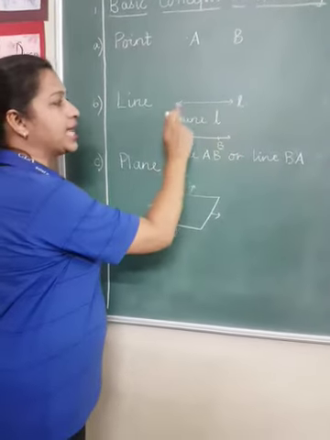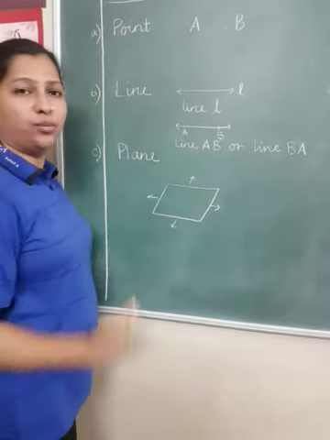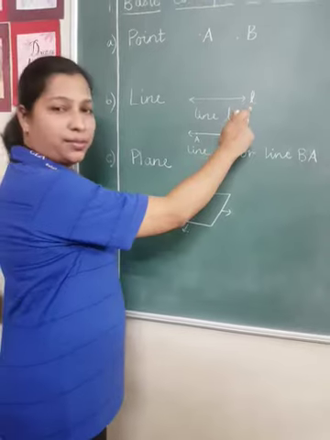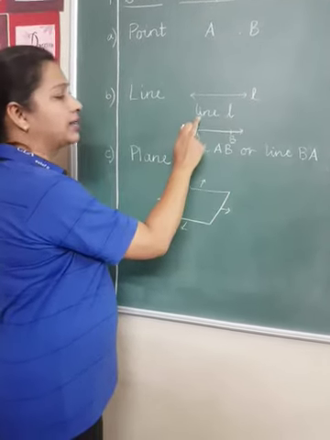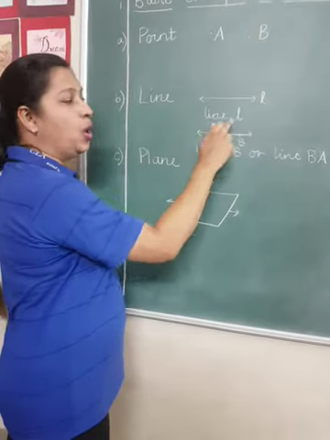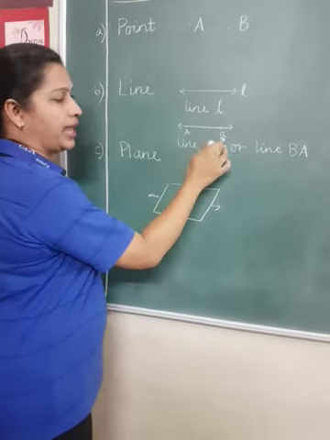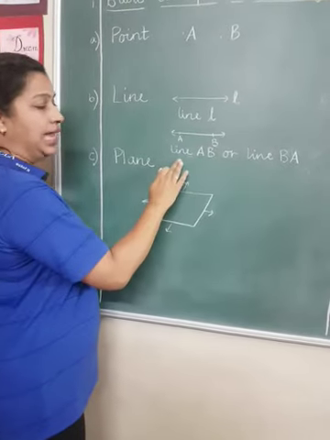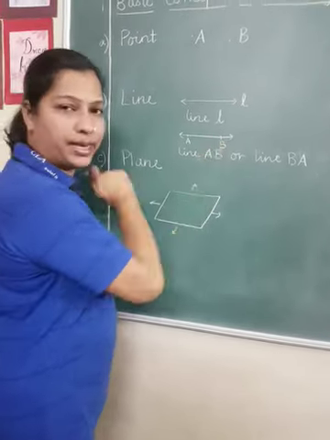You can see these arrowheads which show that it is extending indefinitely on both sides. You can name a line using a small letter and write it this way, line L, or you mark 2 points here, write A and B or any other letter and write it as line AB or line B.